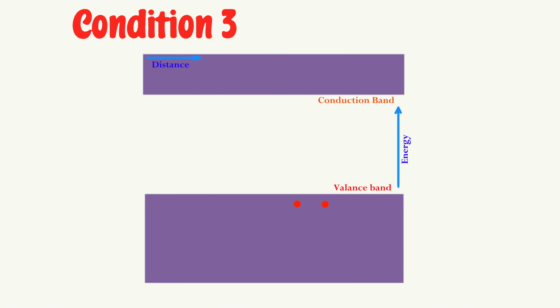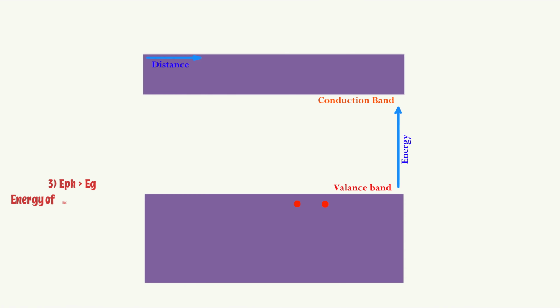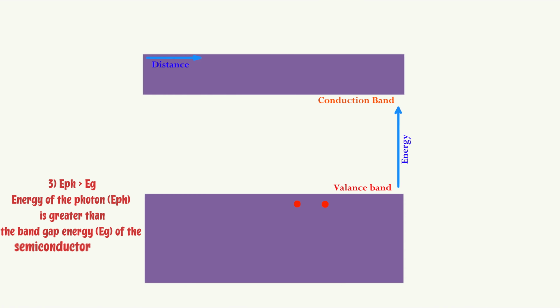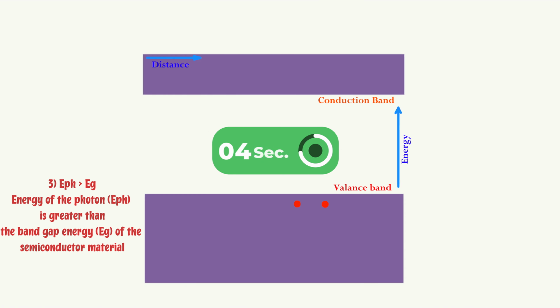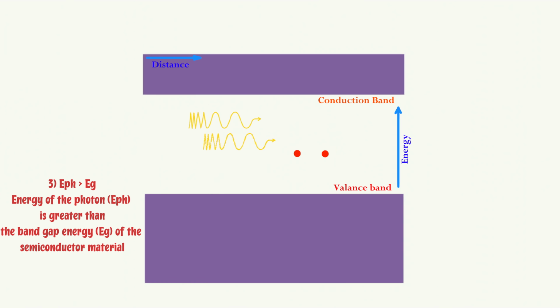Condition number 3. What happens when the energy of the photon is greater than the band gap energy? In this condition also, the photon is absorbed and the electron is excited, but the total useful energy remains the same and equal to the band gap energy. The remaining energy from the photon is converted into heat.